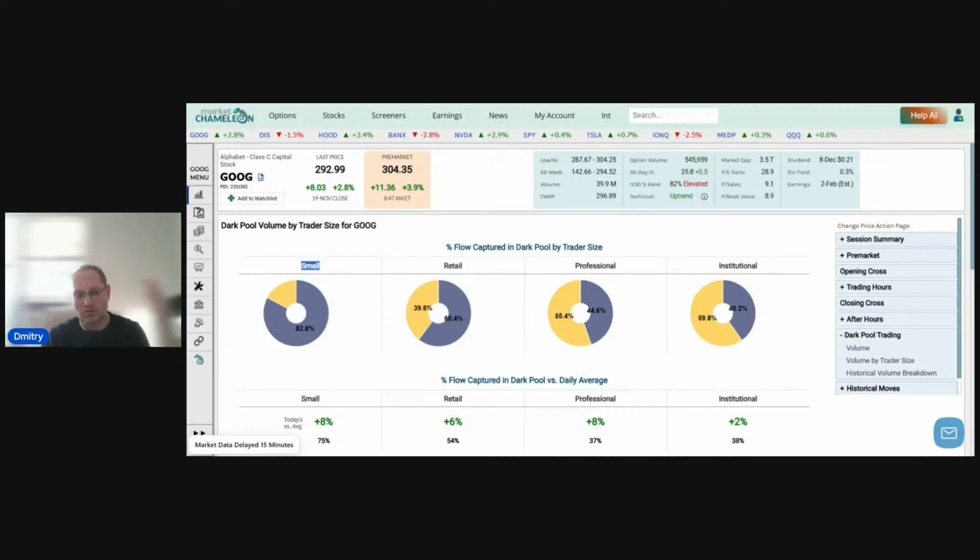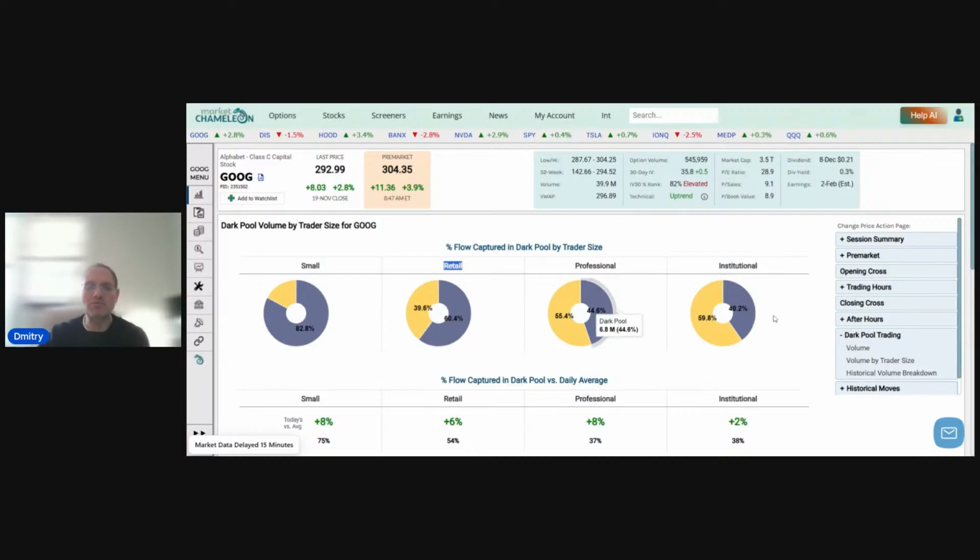Because they could buy and sell from the retail flow. So as the retail flow gets a little bit bigger in size, it's still captured in the dark pools, but not as much. The smaller the order size, the more valuable it is, because the less likely that retail order knows something that is not easily available somewhere.